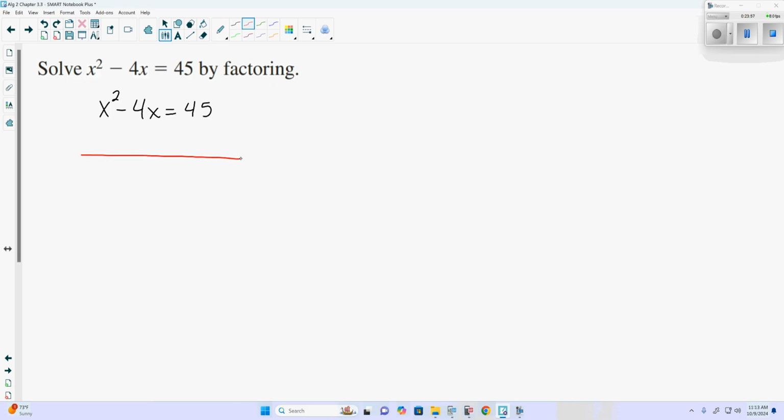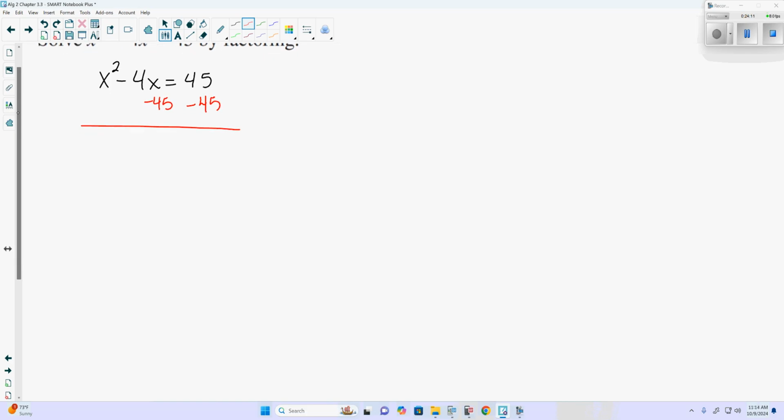So the first thing we need to do to get this equal to 0 is to, what? Subtract 45 from both sides. Because on the right-hand side, 45 minus 45 is 0. On the left-hand side, we'll get x squared minus 4x minus 45 is equal to 0.